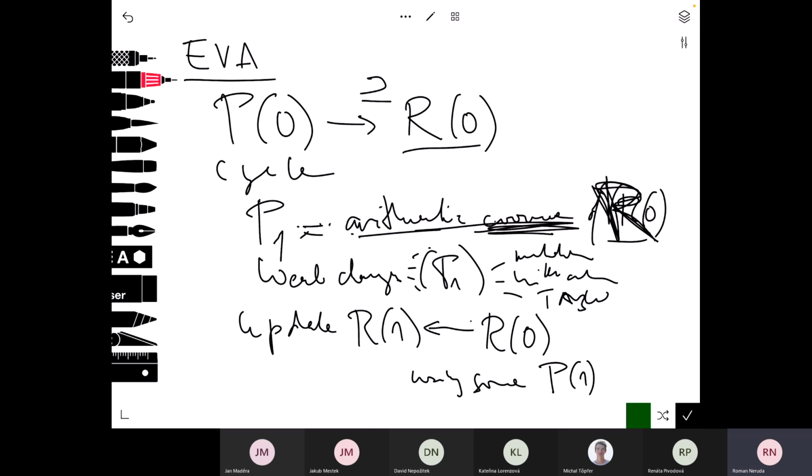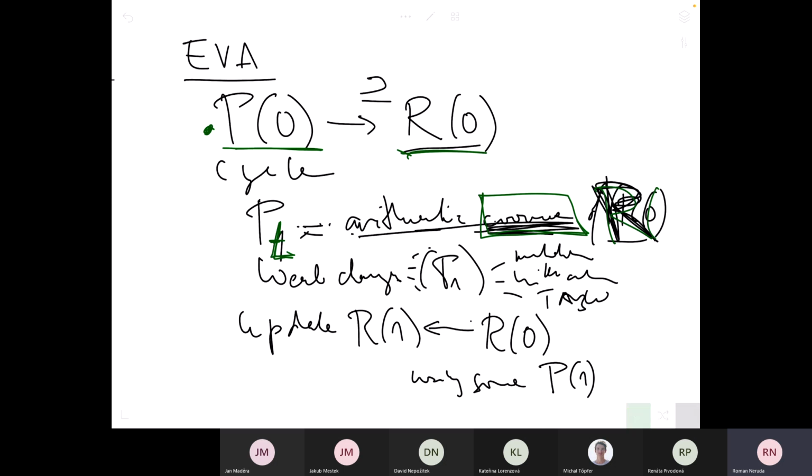So the idea is that we basically have those phases. We're initializing the initial population. We're initializing the reference set by a selected subset of the initial population. And then the new population, PT, is created by a crossover operator from the previous reference set.